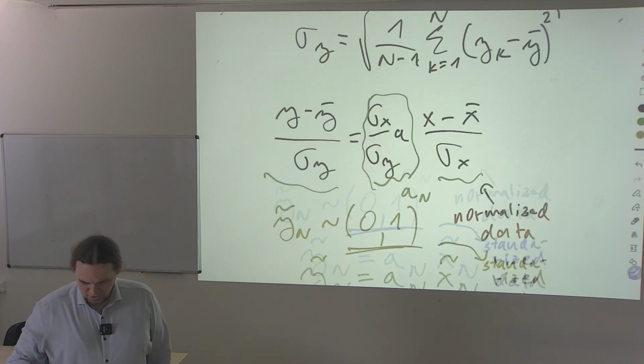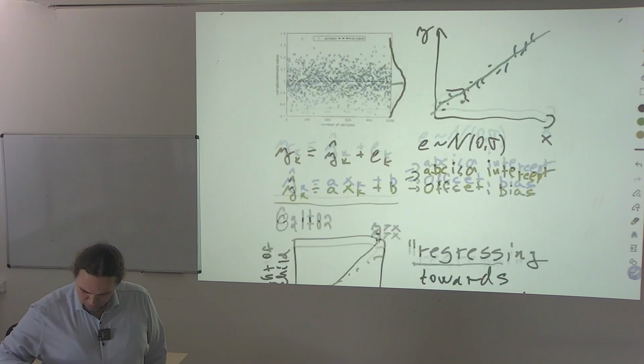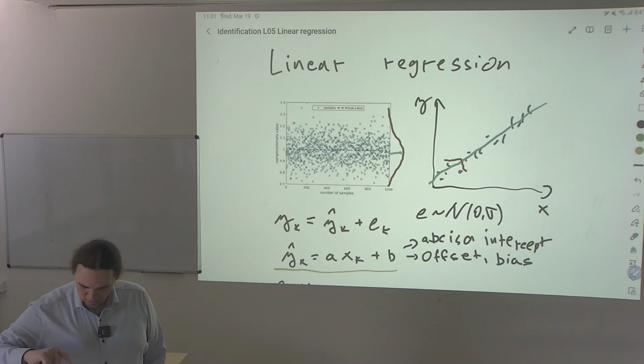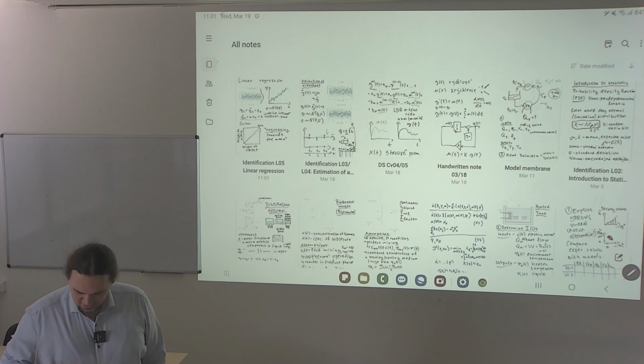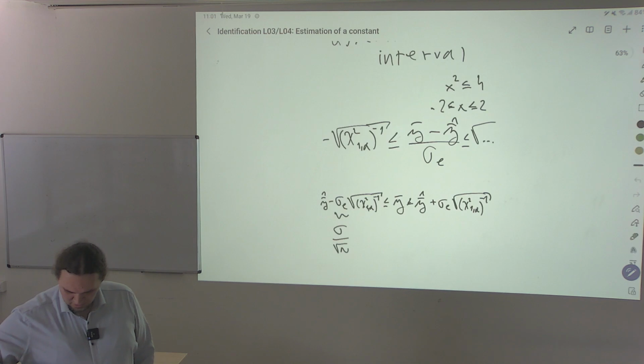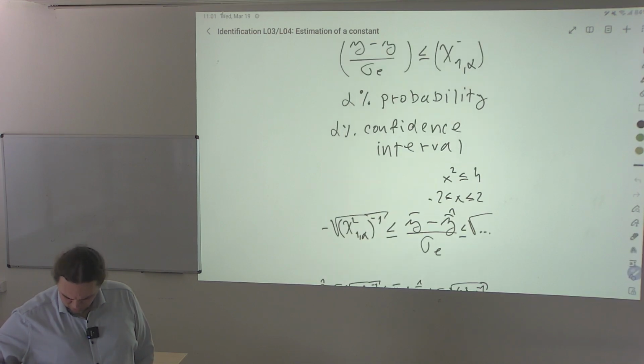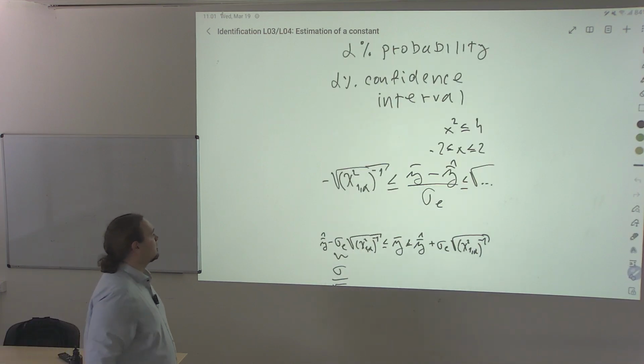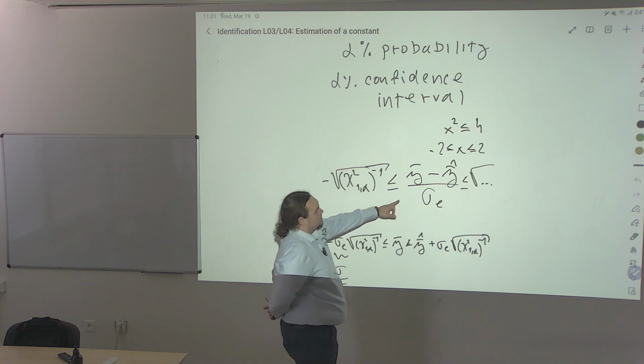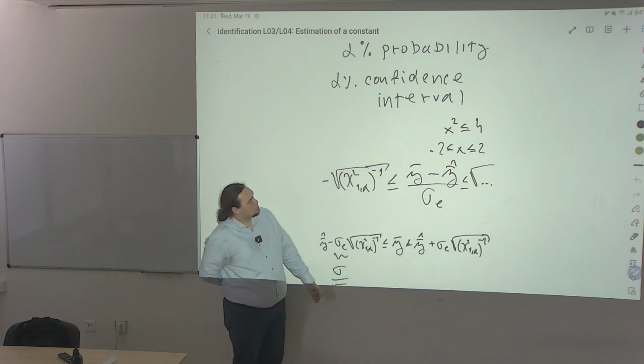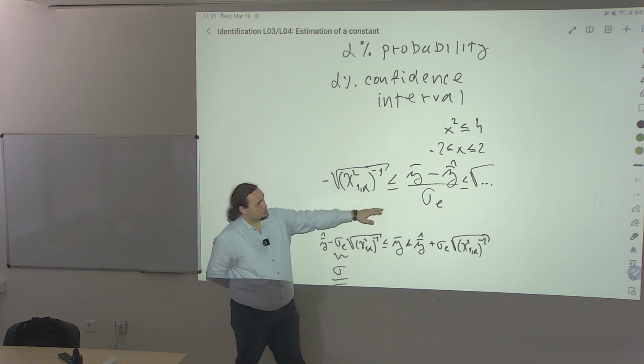Maybe just to recall, this is something similar to what we have seen last week. Just look here at our expression when we were trying to derive, at the very end, the confidence interval.